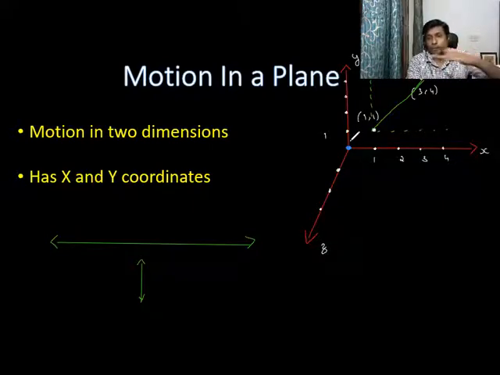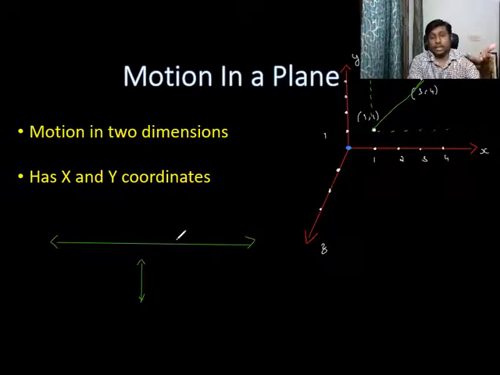So forward, backward, left, right, possible. Or forward, backward, up, down, possible. Or up, down, left, right, possible. Two axes, any two axes. Now, when we do motion in a plane, since it is moving along two axes, direction becomes very, very important.